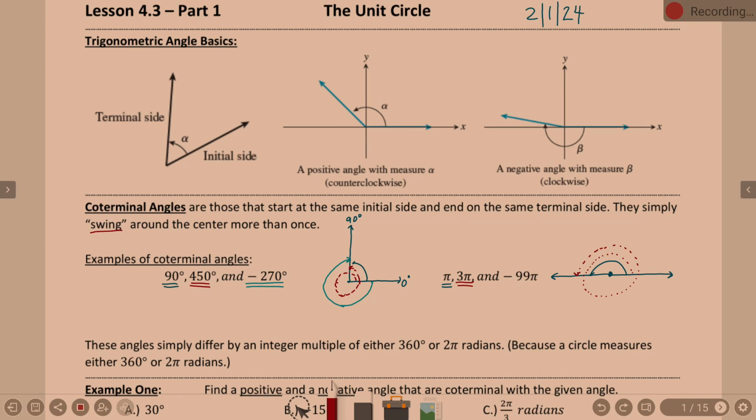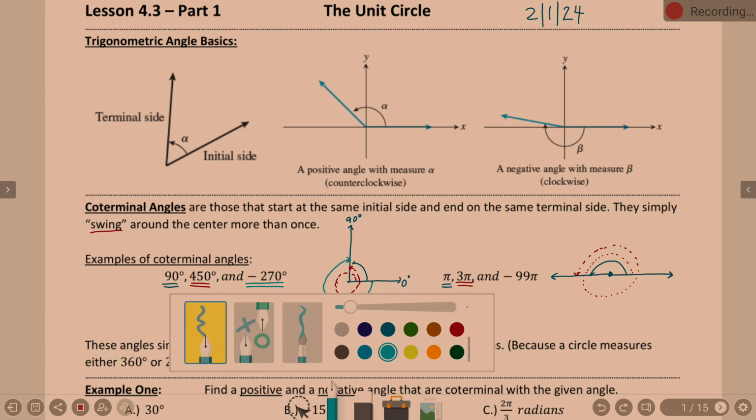Every time all the way around the circle, you're adding 2 pi. In degrees, every time all the way around the circle, we are adding 360. In radians, we're adding 2 pi. So the next one would be 5 pi. Could we keep going? After 5 pi, if we go around again, we're going to be at 7 pi. Okay, I use that as a lead-in because what's the next one?